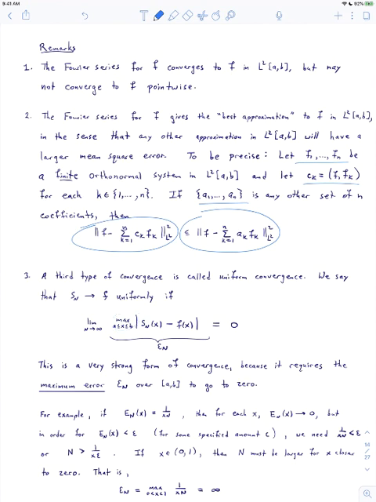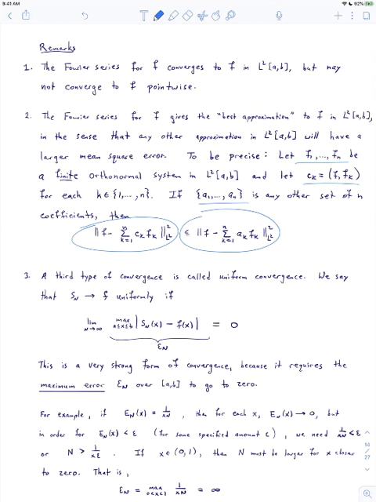So for a given n, you look at the pointwise error at each x, and then you pick the maximum of all of those. Now you might need to replace maximum with supremum in case the maximum is not actually attained. If these functions are continuous, and this is a closed interval, then it will attain its maximum. But you can relax the restrictions. Your functions need not be continuous, and you might actually look at a non-closed interval.